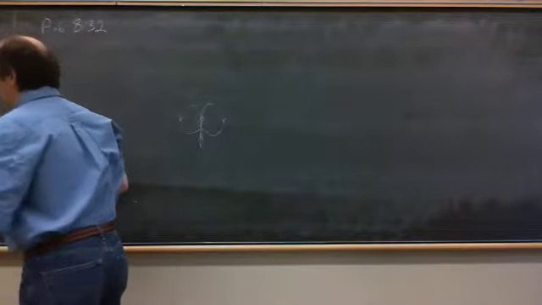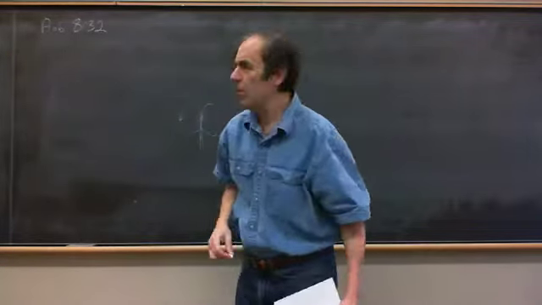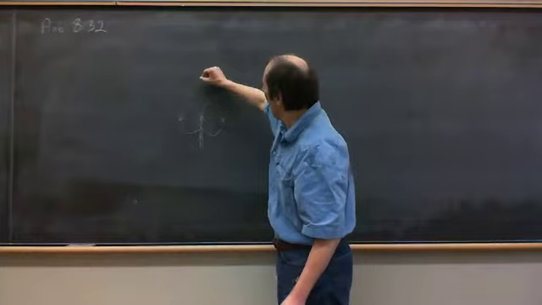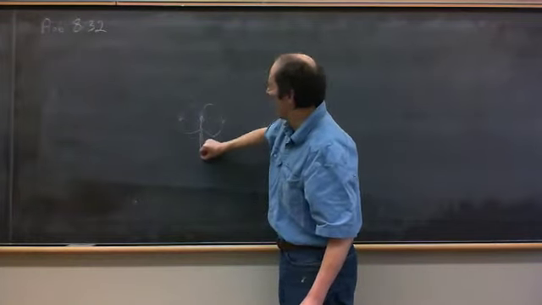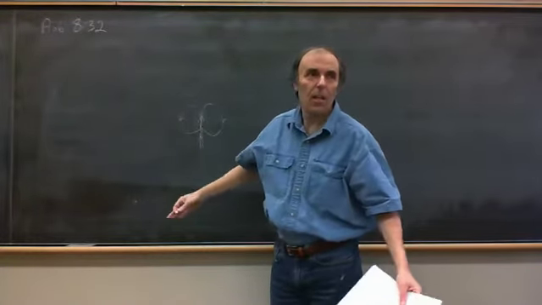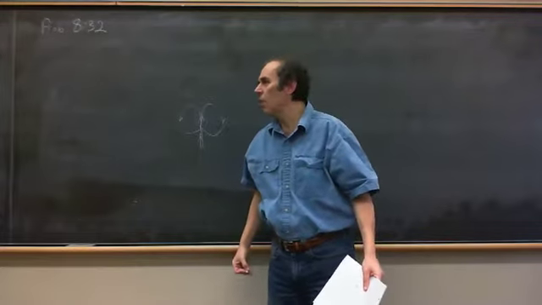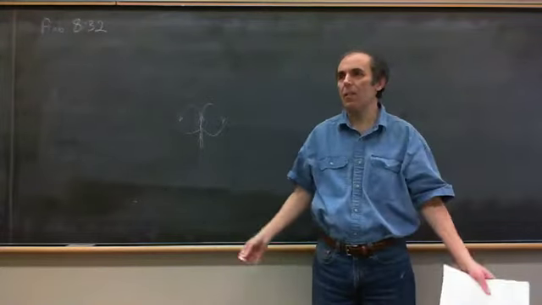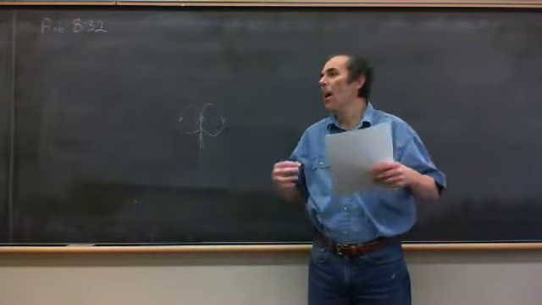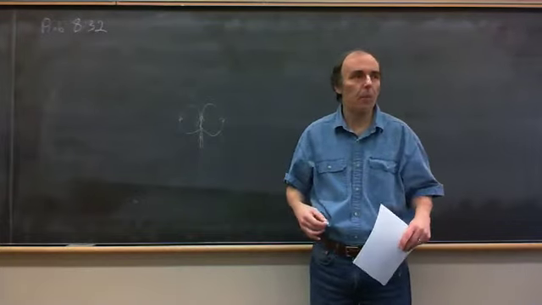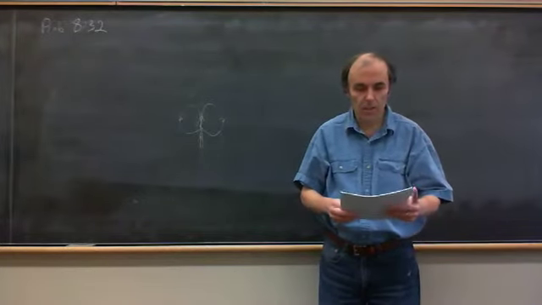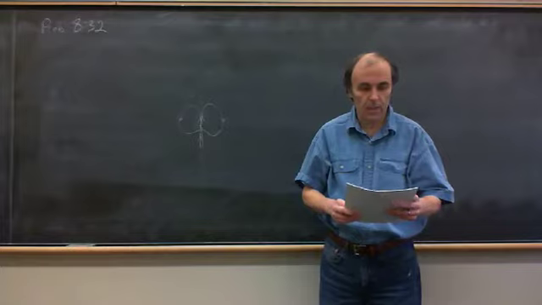But problem 8.32 assumes an electric field along the path of the nerve that's different from the one I do here in class. Essentially, the whole process is going to be the same. I'm just going to use a different example. So this should get you started at least on problem 8.32.